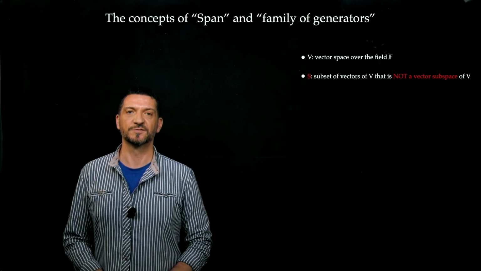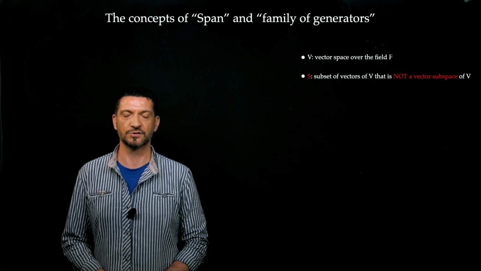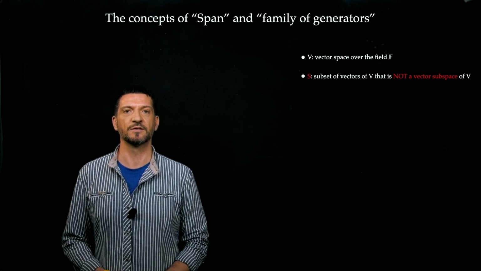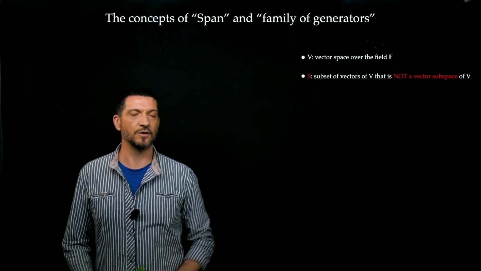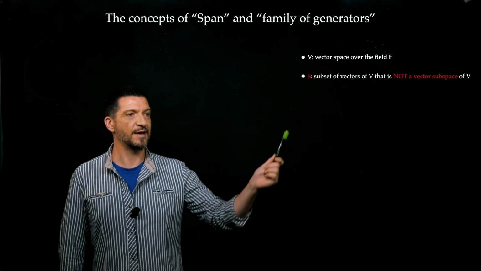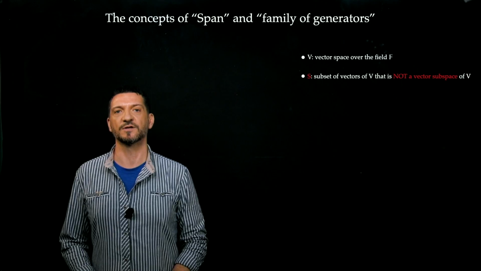The concept of span and family of generators will remain with us until the end of this course. For this reason, it's better to underline them with a short video. Let's consider a vector space V over the field F, and let S be a subset of vectors of V which is not a vector subspace.